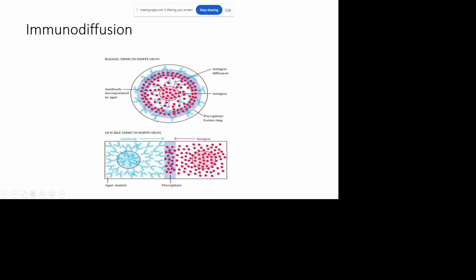When the antigen starts to diffuse through the agar, there will be a point, a radius, where the antigen concentration will be equal to the antibody concentration, and it will give you the typical precipitation line, right? Because at this periphery, you will have an equal amount of antigen and antibody. That's why they give you the precipitation. This is your equivalence zone, right? So this will give you the precipitation.